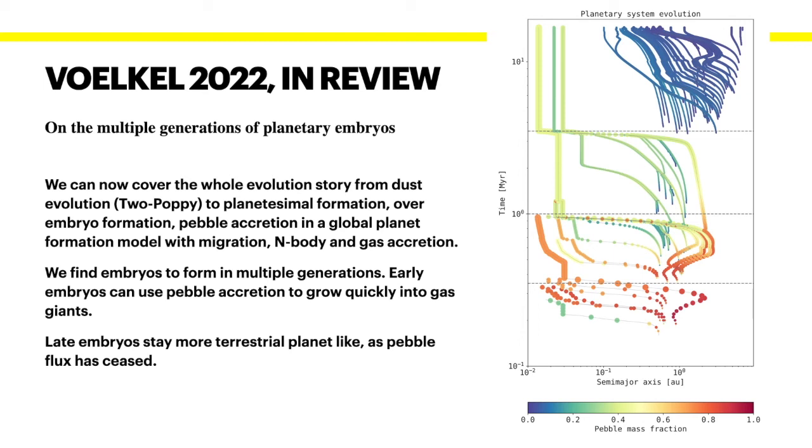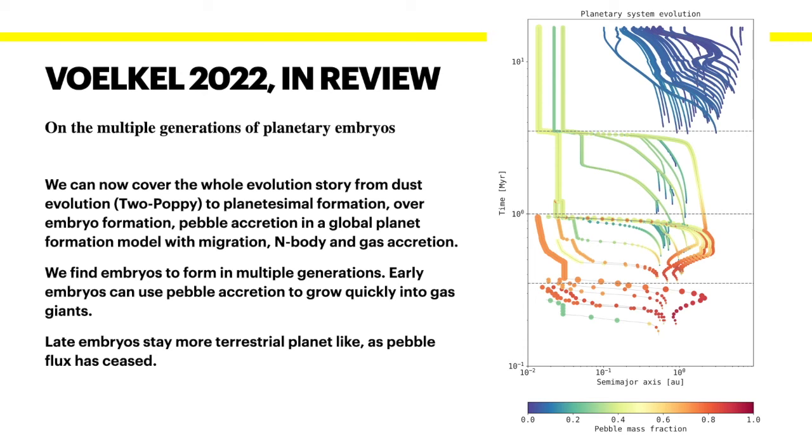And the first funny thing we found is that we do not, as was done in the past, have to inject our embryos at whatever place we like, but that they are automatically put at various locations and various times in the code, depending on how many planetesimals are locally available and whether tidal forces by some existing objects allow for the formation of additional objects.